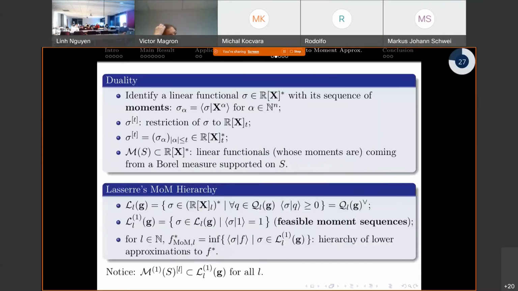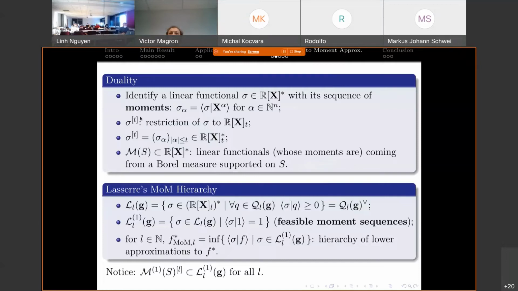Okay. I just briefly recall the notations that also Bernard used yesterday. So we identify a linear function sigma that acts on polynomials with the sequence of moments sigma alpha, that is sigma applied to x to the power alpha.